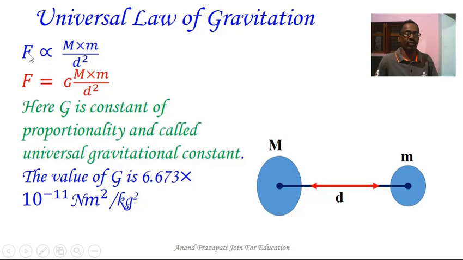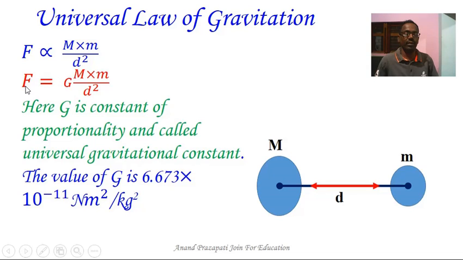If the gravitational force and masses of the bodies are given, then we can easily find the distance between them. If the gravitational force, the mass of one body and the distance between the bodies are given, then we have no problem finding the mass of the other body, and so on. Numerical problems are based upon the mathematical value of the universal law of gravitation.